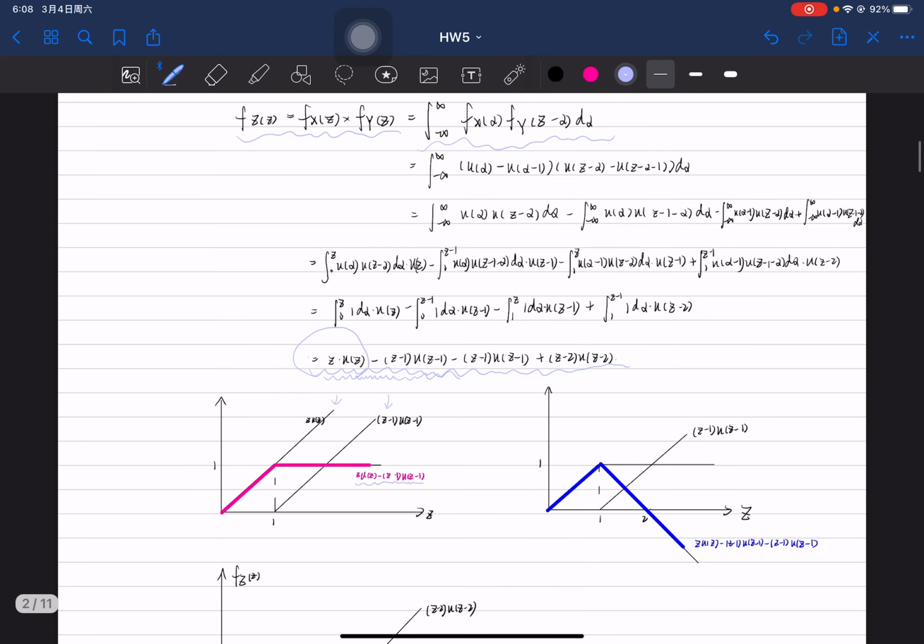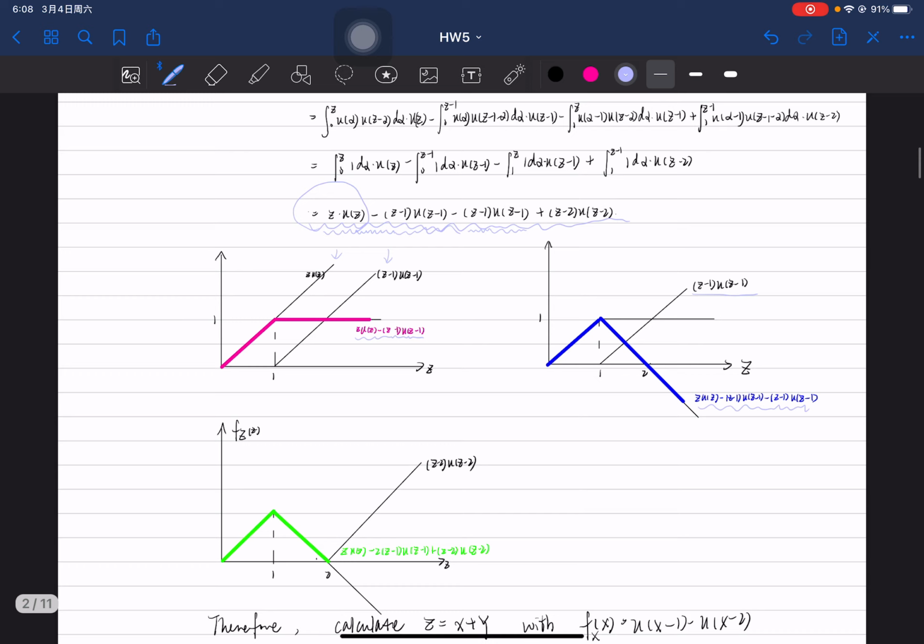And then the pink line should then minus (z minus 1) times u(z minus 1) here. So we can get this blue line.